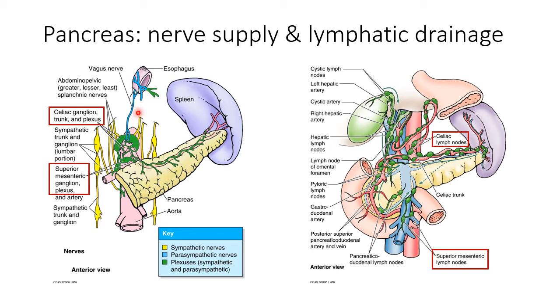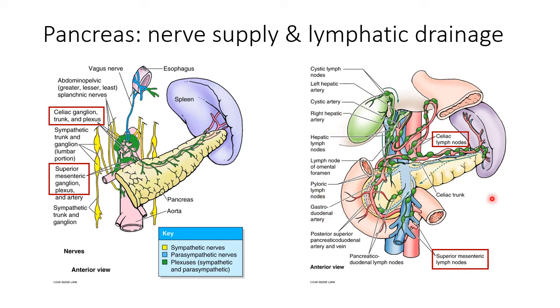And again, the parasympathetic comes from the vagus, while the sympathetic comes from the sympathetic chain. So in comparison to the spleen, which is only supplied by the celiac plexus, the pancreas is supplied by both the celiac and superior mesenteric plexus.